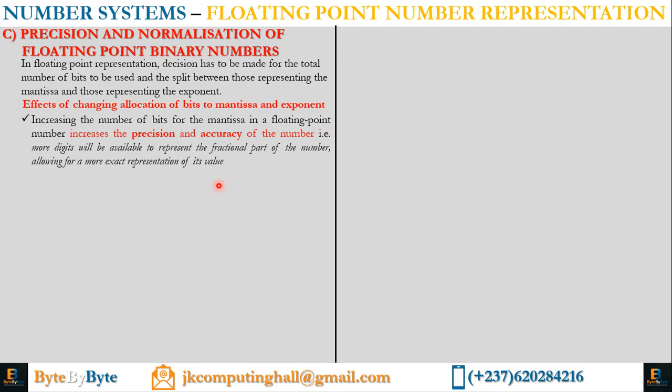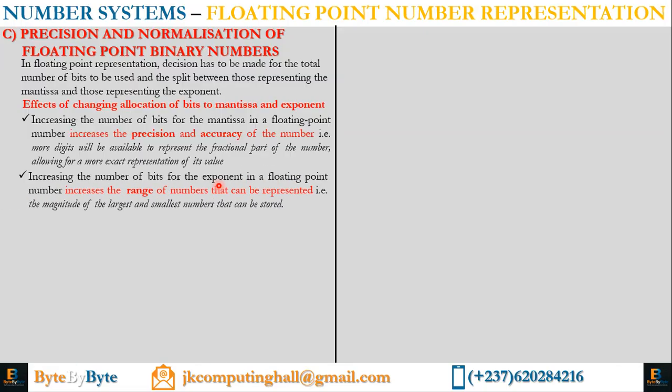That is, more digits will be available to represent the fractional part of the number, allowing for more exact representation of its value. And decreasing the number of bits goes in the reverse order. That is, it will decrease the precision and accuracy.